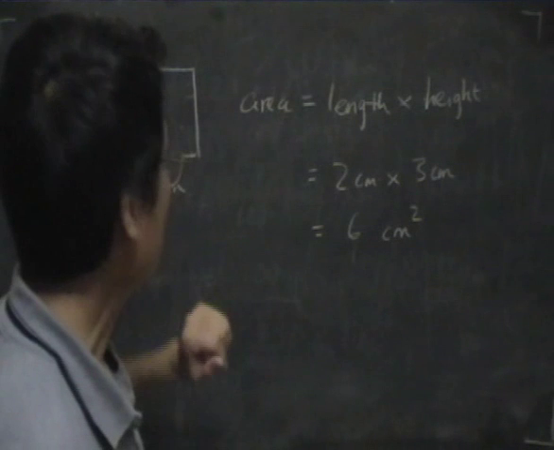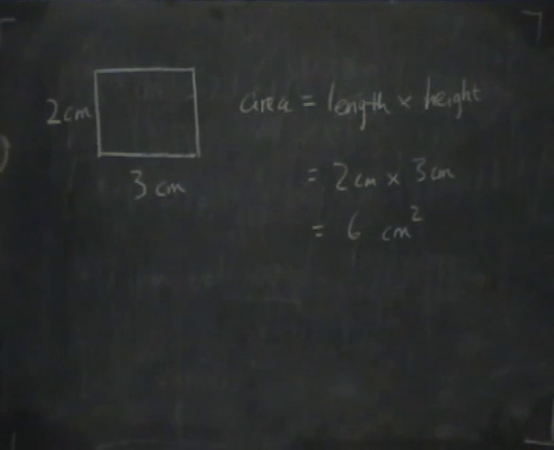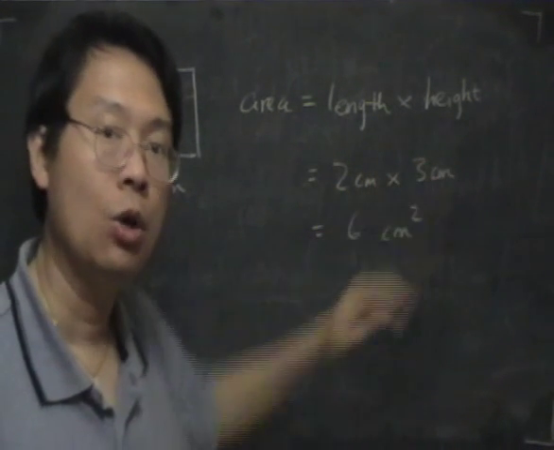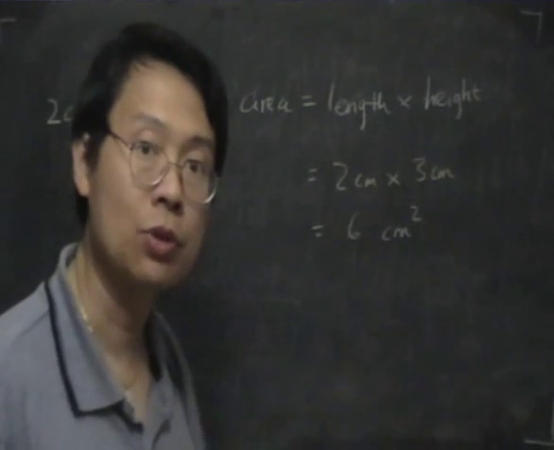So, just for convenience, instead of writing a word equation like this, we often use symbols to make a formula for the area.